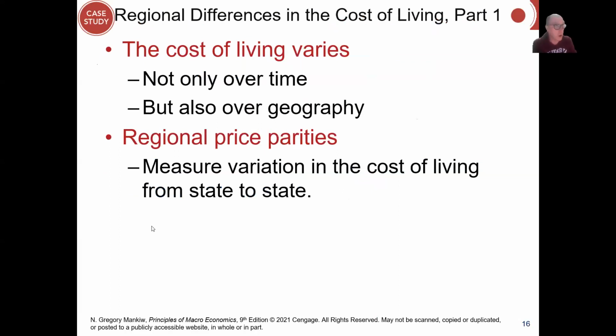Now, of course, there are regional differences across the country when it comes to understanding the cost of living. For example, it is always much more expensive to live in a larger city. Here in the District of Columbia, we are one of the most expensive places in the United States to live.